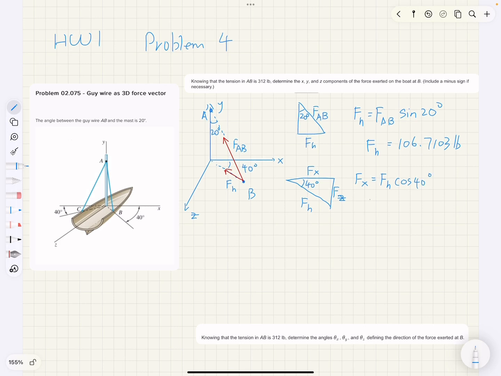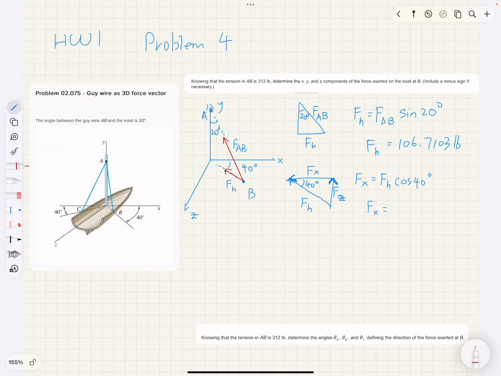By plugging in FH, we have Fx equals... be careful here, since we have FH pointing this way, but we have the positive x direction in this way. So FH will break down in the negative x direction and negative z direction.